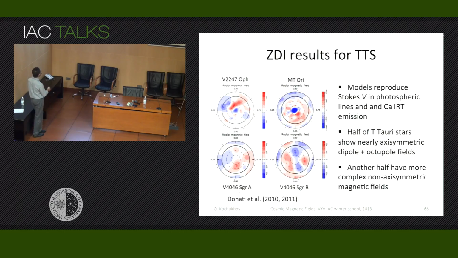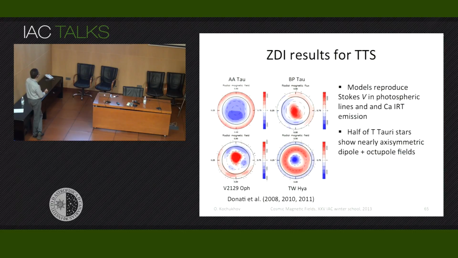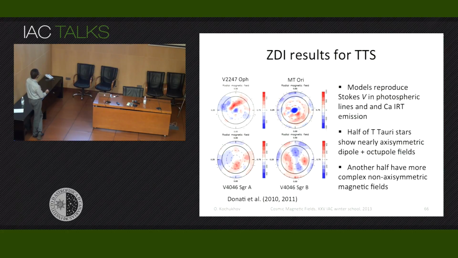If you look carefully, you probably don't see the scale, but the maximum here is like 400 Gauss. Here it's 1 kilogauss, 500, and here it was several thousand Gauss, so 2 kilogauss all the way. So there are these two classes of T Tauri stars.